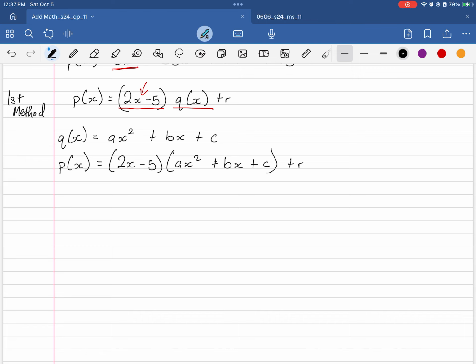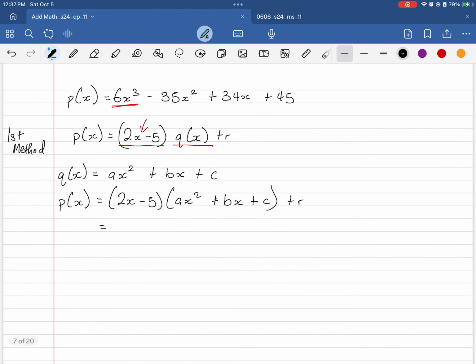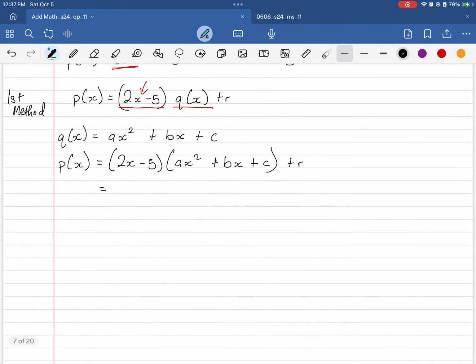Now you're going to multiply this out, because we want to compare a, b, and c in this form to your original form of 6x cubed minus 35, 34, and 45. You can actually find what a, b, c, and r are. So if we multiply this out, we get 2a.